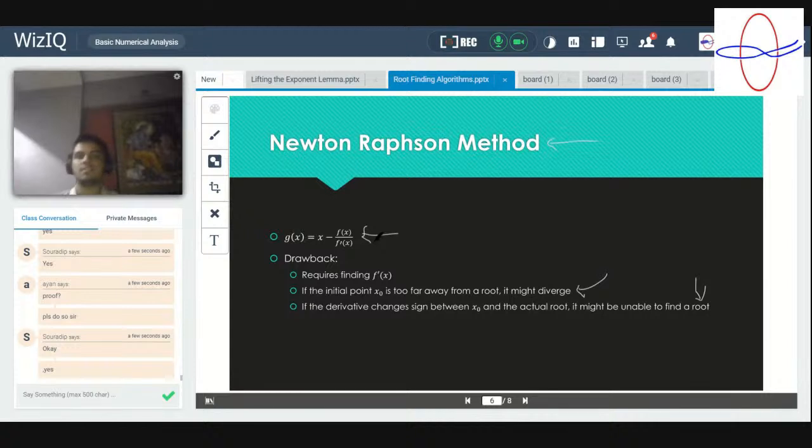We start with some guess, and then we always use the value x minus f of x upon f dash of x.